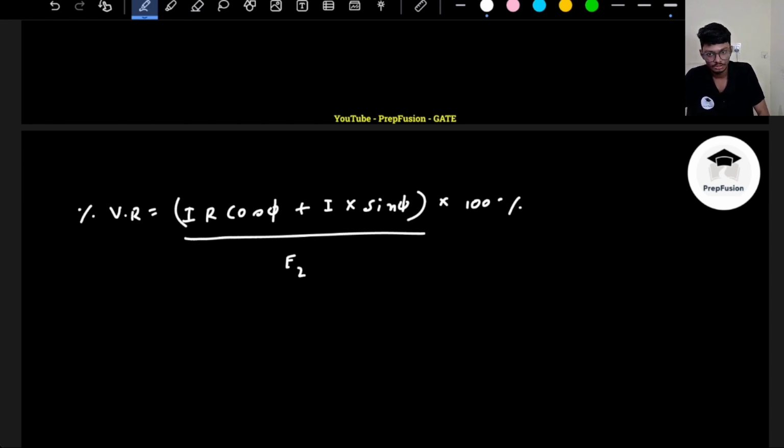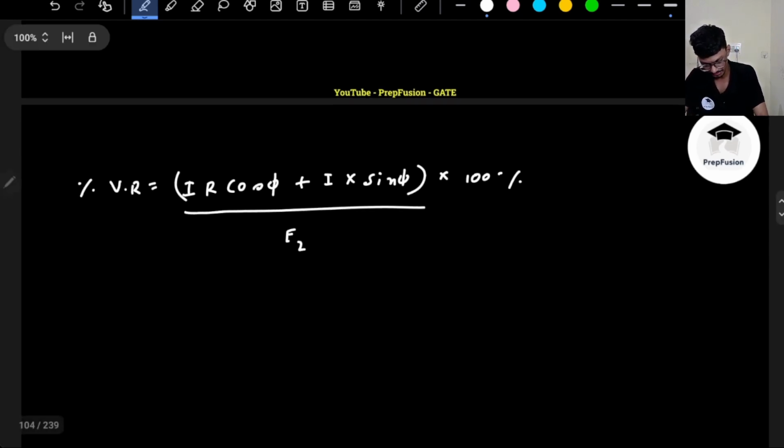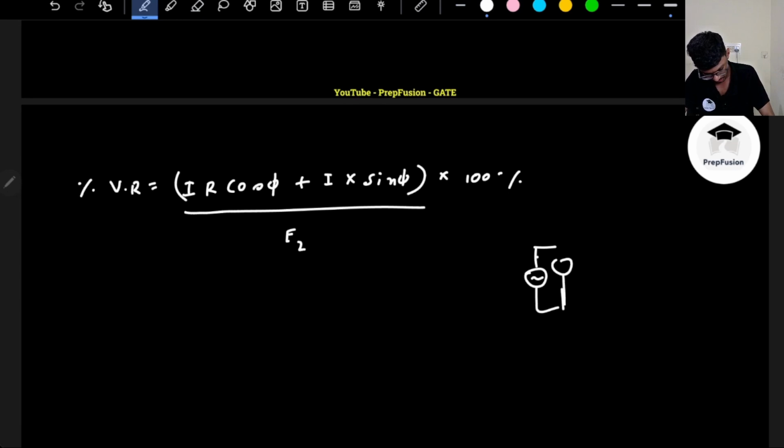Any one transformer works. I know transformer 1 is in the rated condition, so I will choose transformer 1, because all three are in parallel. This is transformer 1, this is transformer 2, and this is transformer 3.